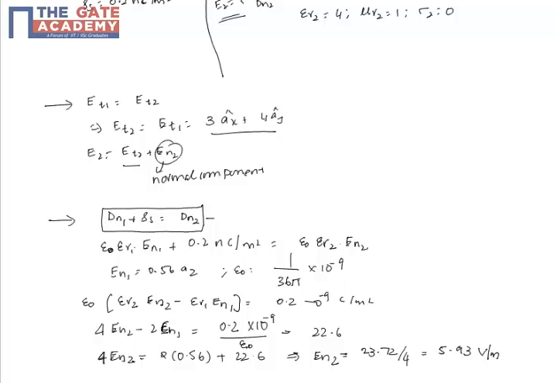So finally, you have a tangential component and a normal component. E2 is finally given as Et1, which is Et2, equal to 3ax plus 4ay, and the normal component is 5.93 into az. So the option that is given is option A.